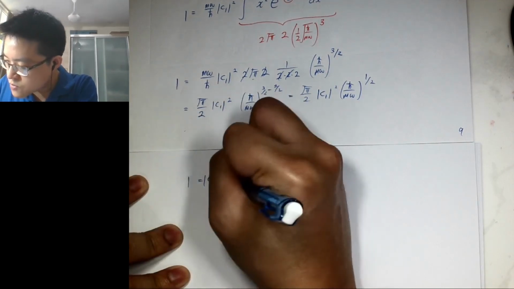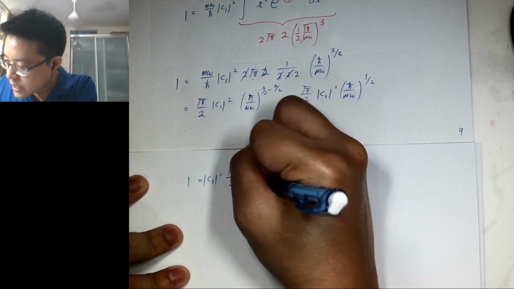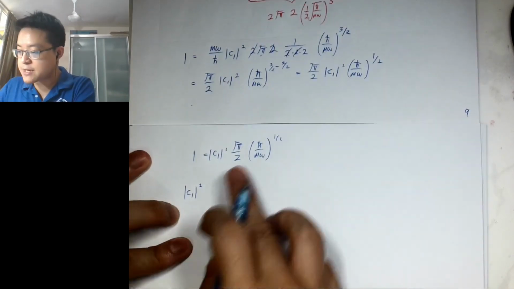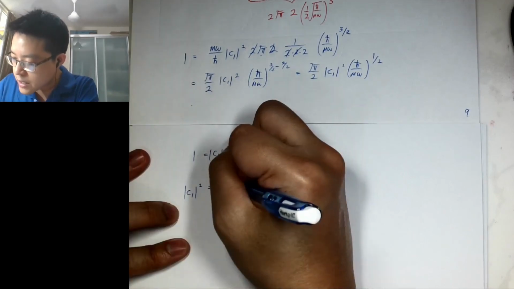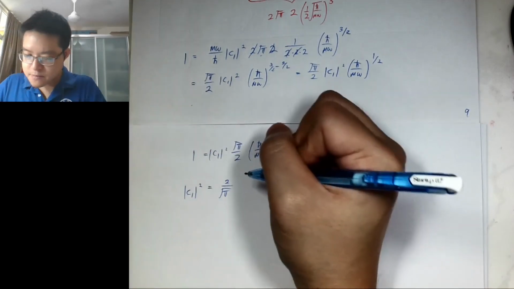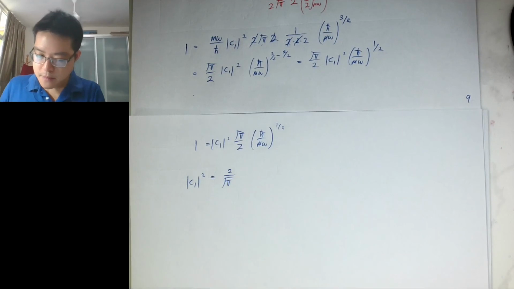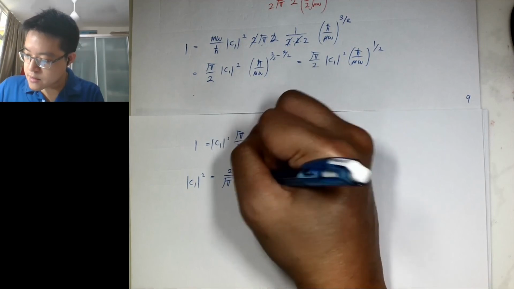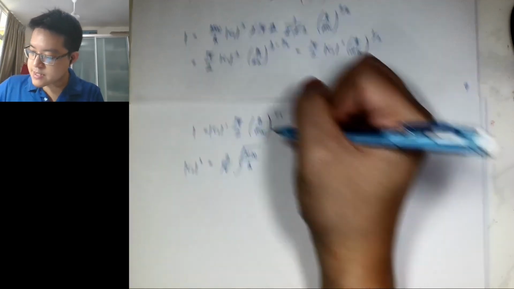But our equation now, let me write this one more line. Pi over 2, h bar over m omega, to the power half. So I want to solve for C1, right? If I bring everyone over, I got 2 over root pi, and then I got m omega over h bar. So this is to the power half. This is another root.